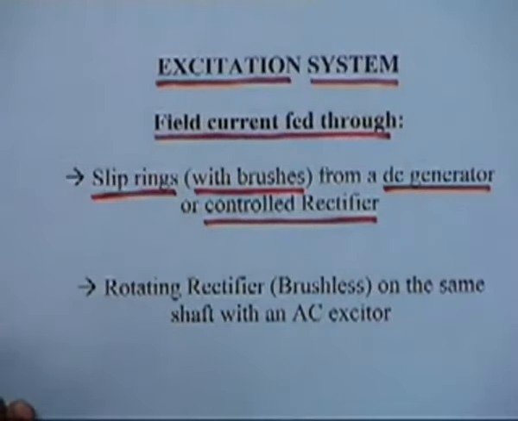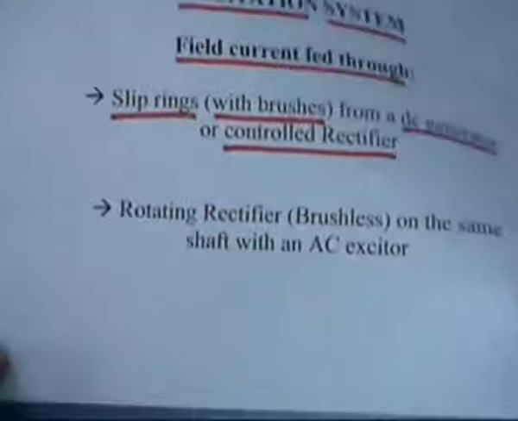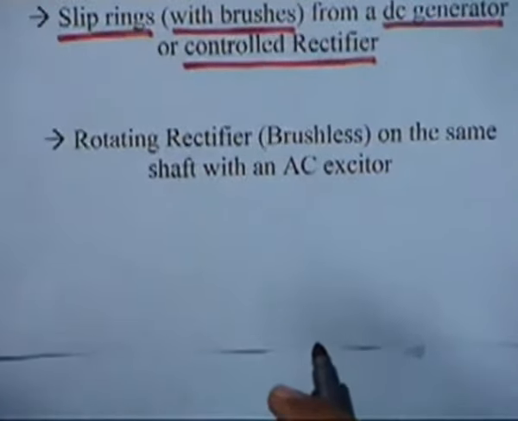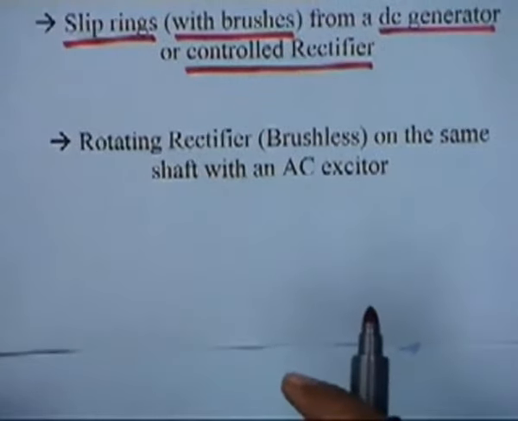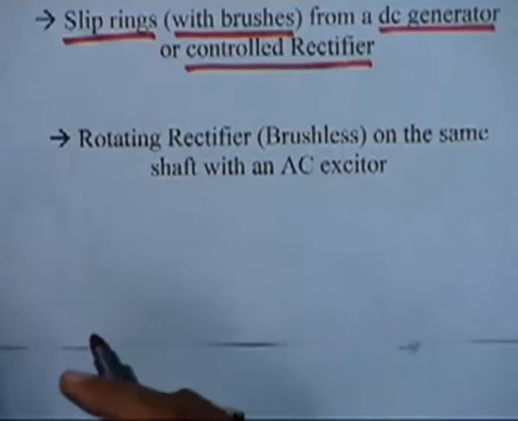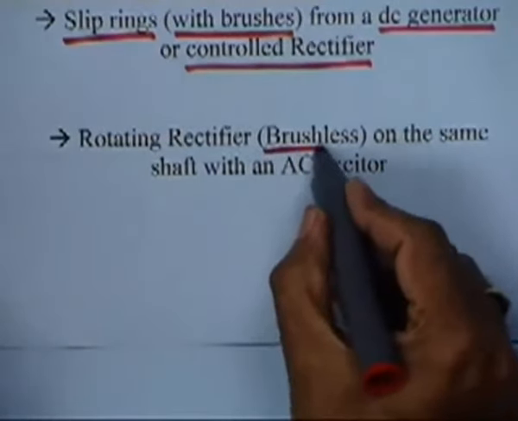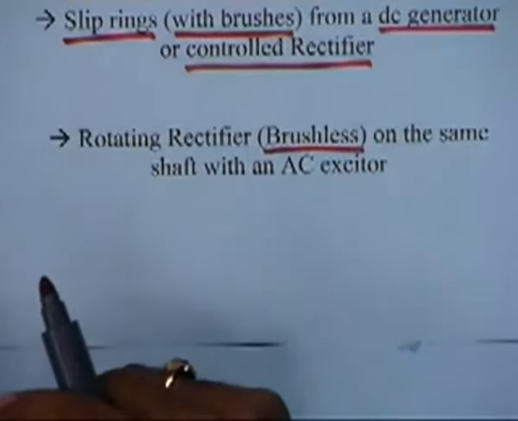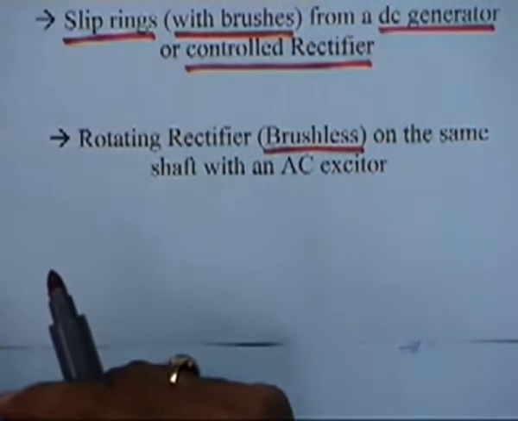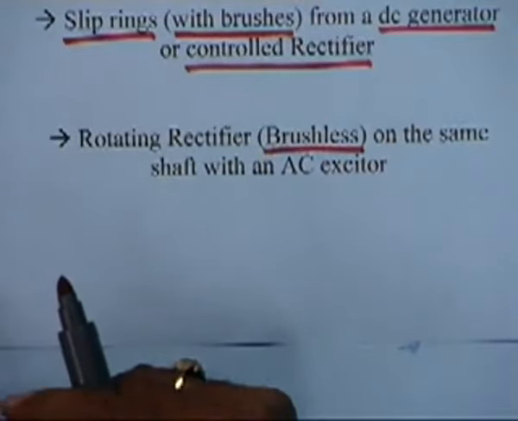Okay, there is presently another important type of synchronous generator produced in large numbers, but typically in smaller power ratings, and these are called brushless synchronous generators. They do not have brushes. So you may ask, how do you feed a DC current to the rotor without the brushes?